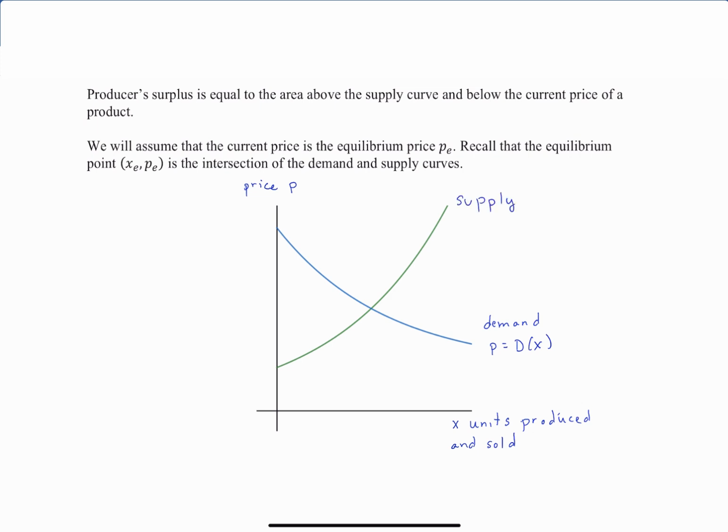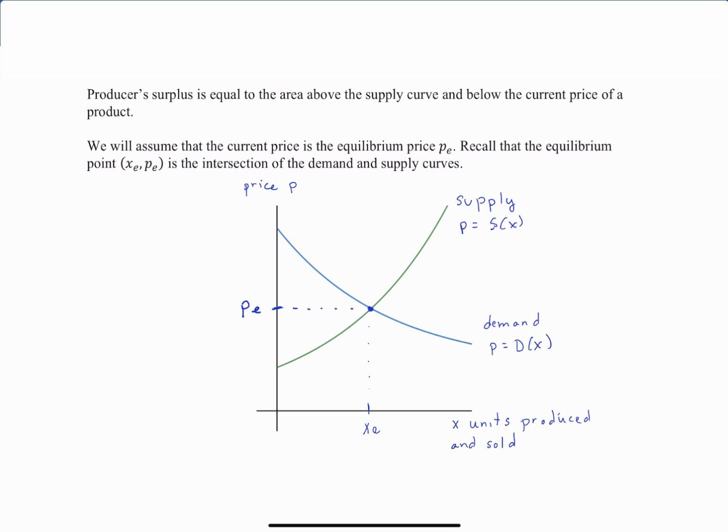So this one is called P equals S of X. Our equilibrium point is the point where those two curves intersect. So going down from there, we have X sub E, and going across from there, we have P sub E.